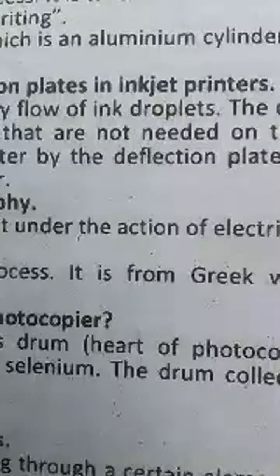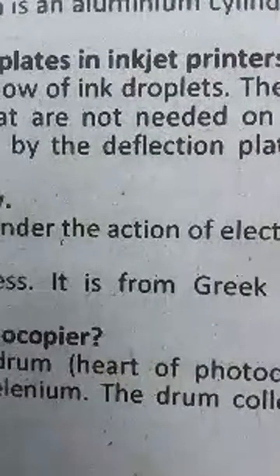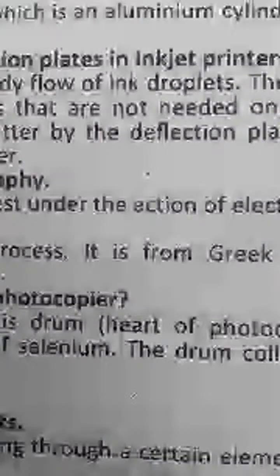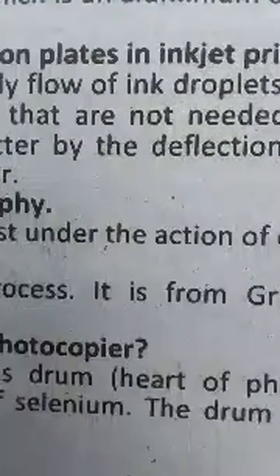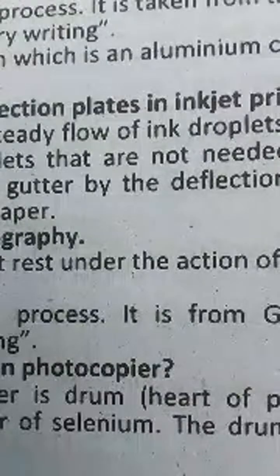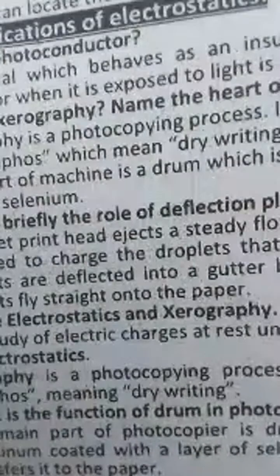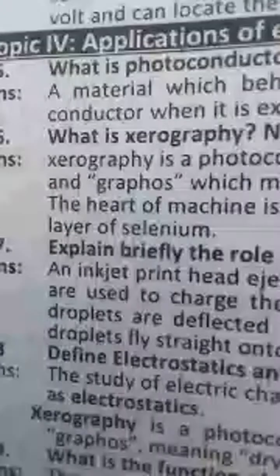Briefly, the role of deflection plates in an inkjet printer. The inkjet print head ejects a steady flow of ink droplets. Charging electrodes are used to charge the droplets that are not needed on the paper.